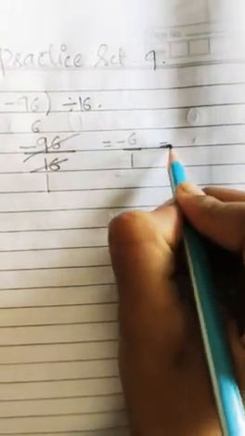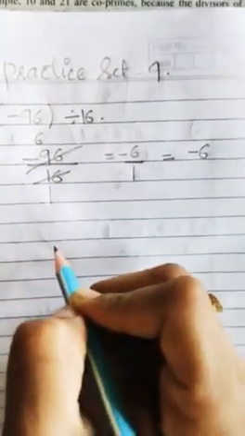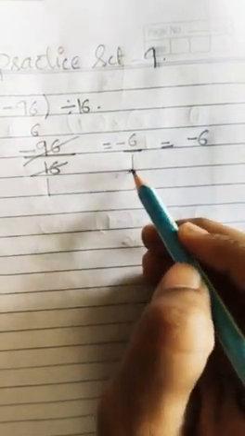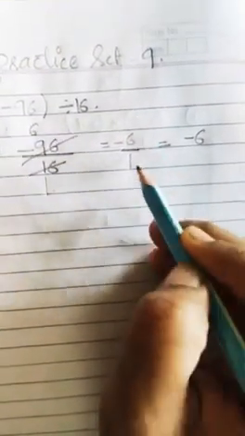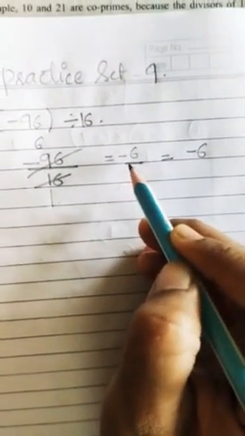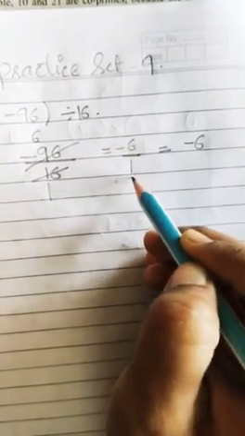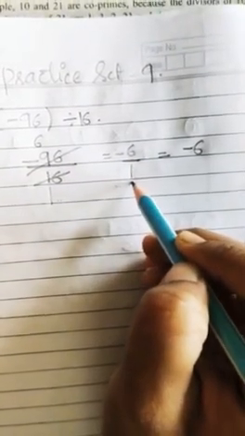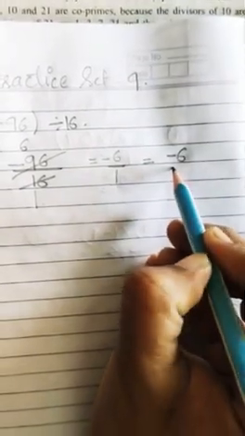Minus 6 upon 1 means minus 6. If any number has 1 as the denominator, the fraction will be that number.